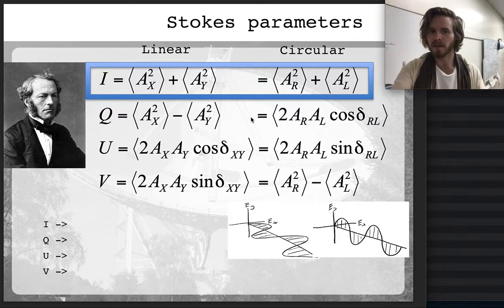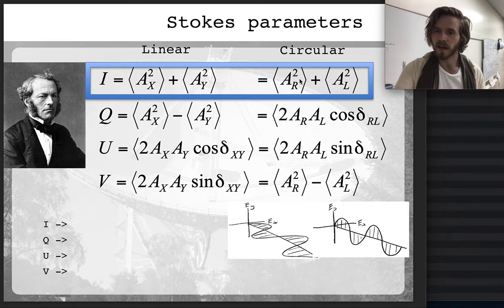So it'll be the amplitude in the horizontal polarization direction plus the amplitude of the wave in the y direction. So it's just adding up the components that you have, adding this one and adding this one.